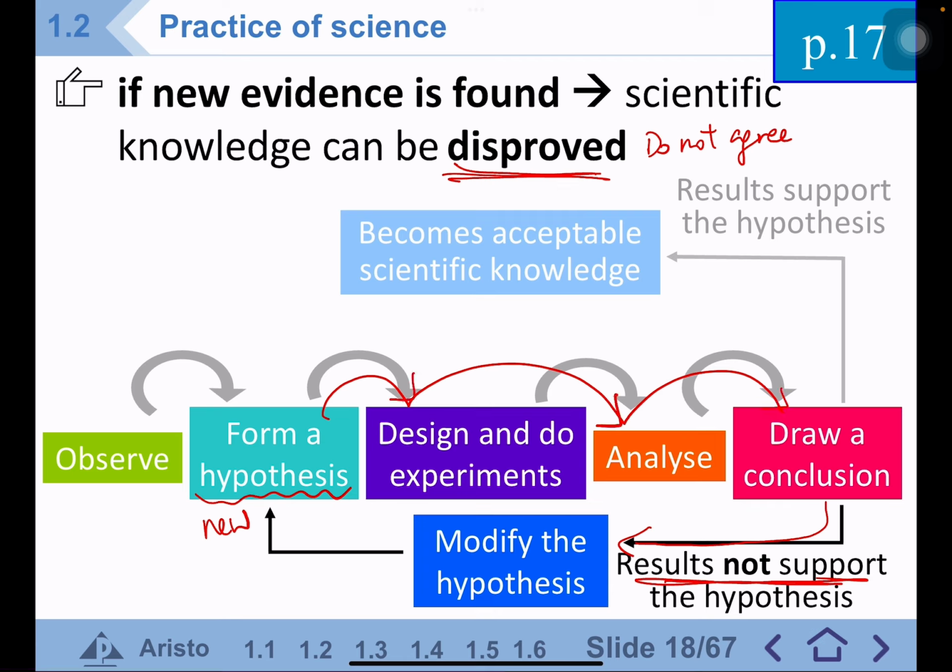Until one day they find that the results support the hypothesis, then it can become scientific knowledge. Only until that day. Before that, they need to continue to do experiments and form a new hypothesis, until it is supported by the results. So these are the steps of scientific investigation.